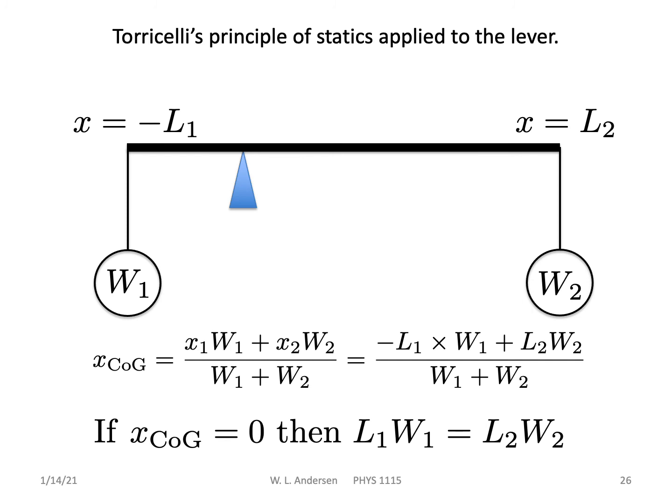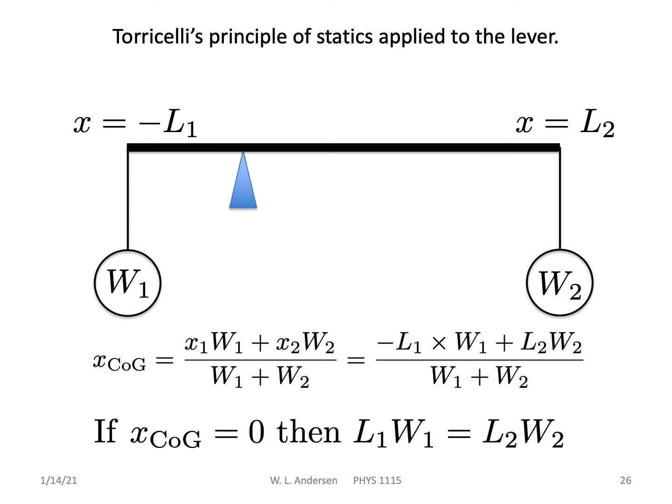So if we go ahead and use that formula, and right now we're taking x equals 0 to be the zero of the horizontal axis, we'll let L1 be a positive number, so that the position of weight 1 is negative L1.